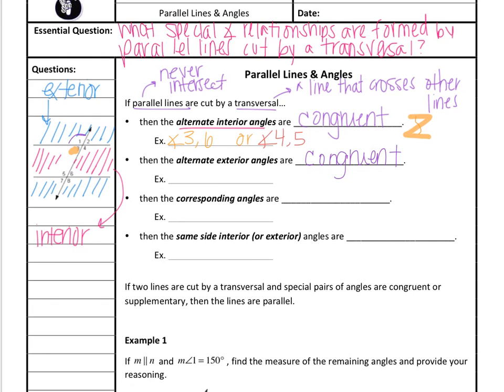So if I start you with angle 1, its alternate side would be all the way down here with angle 8. So angle 1, comma, angle 8. Or see if you can find the other pair there. Again, start with the outside, so something like angle 2, and then pair it up with its alternate exterior angle, angle 7.